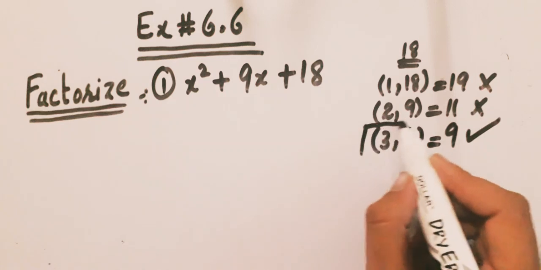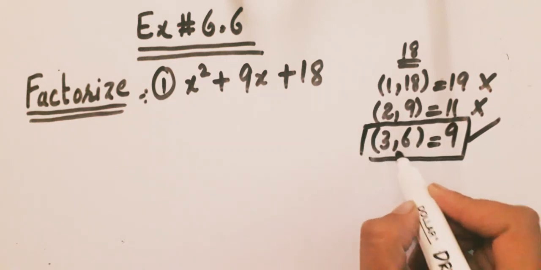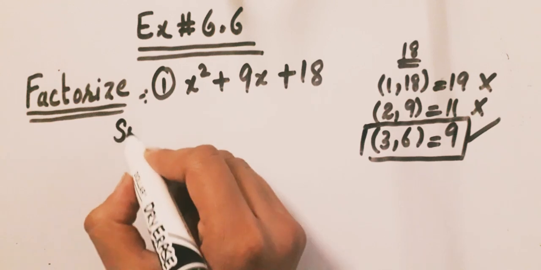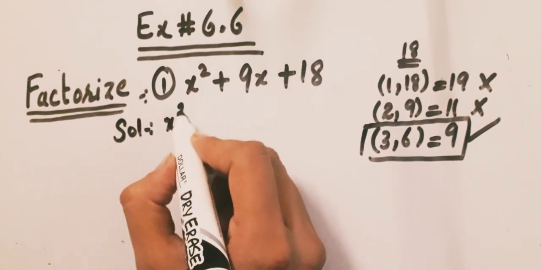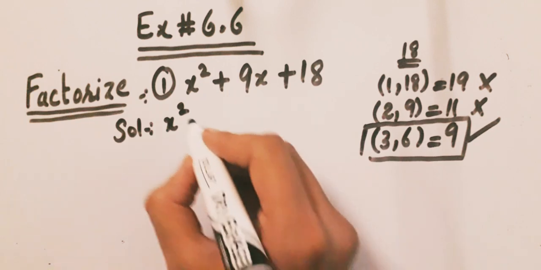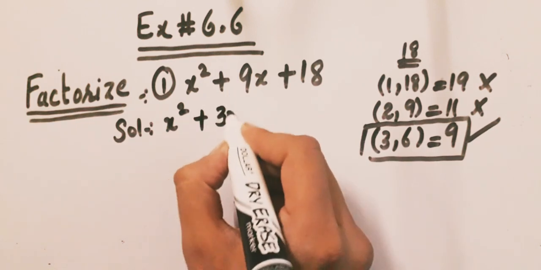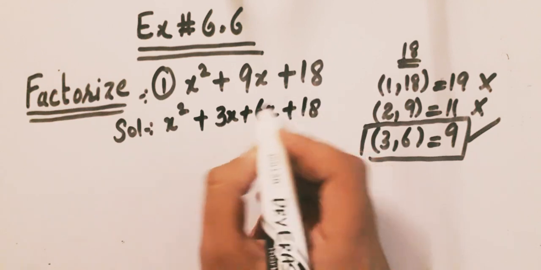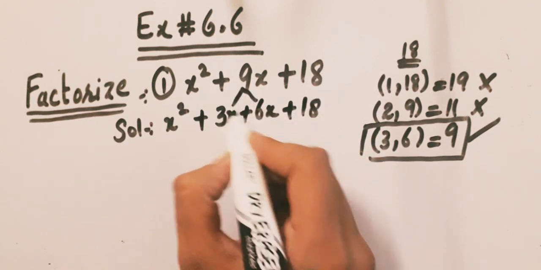So you will use this: x square, 9x will be written as 3x plus 6x plus 18. Just you have broken this down.